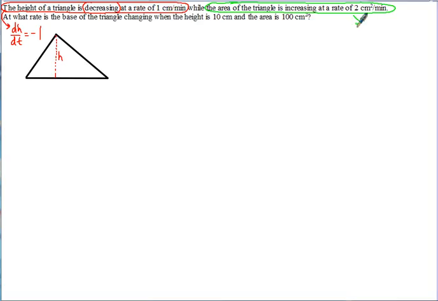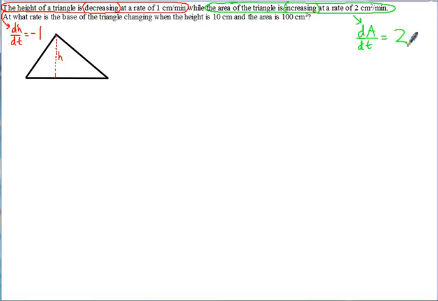So this is giving us A, which really just represents the area of the triangle. It's not really something you need to label on your diagram. But usually we use capital A, so it would be d capital A dt. That's another rate we're given. Notice here it says it's increasing, so that means it's getting larger, so your rate of change is going to be positive, in this case positive 2. So those are the two rates we know.